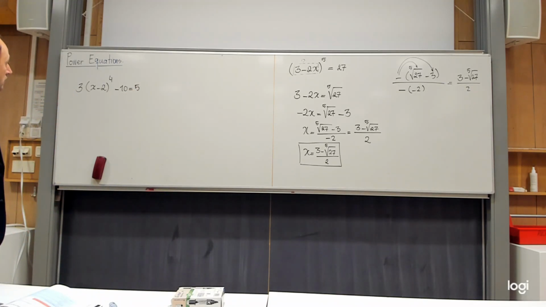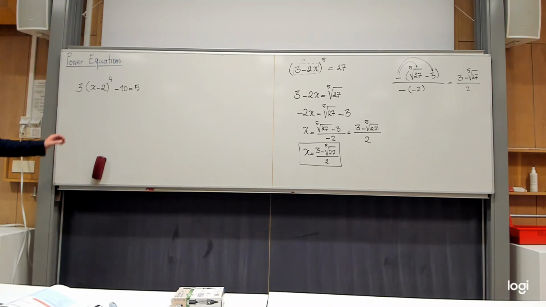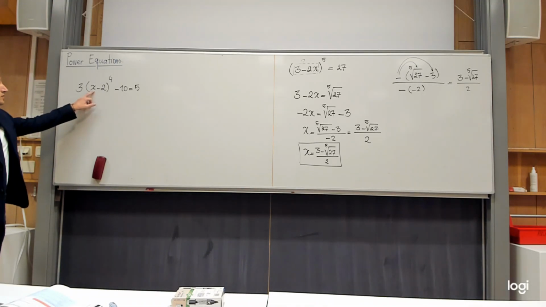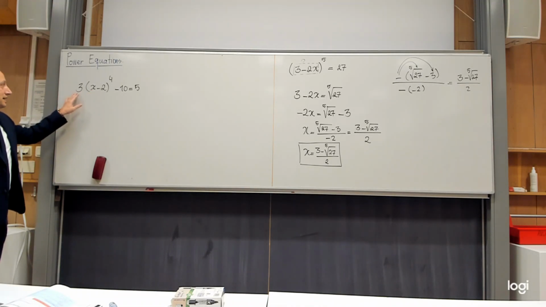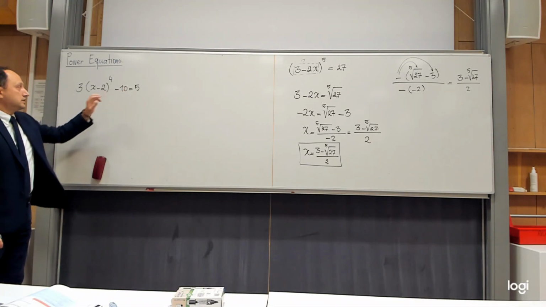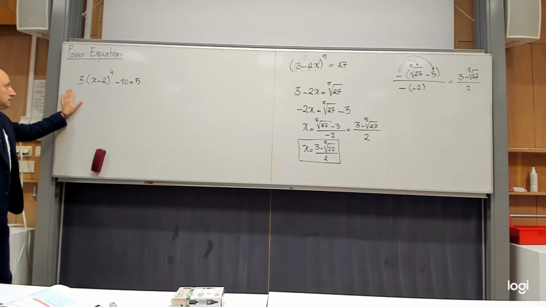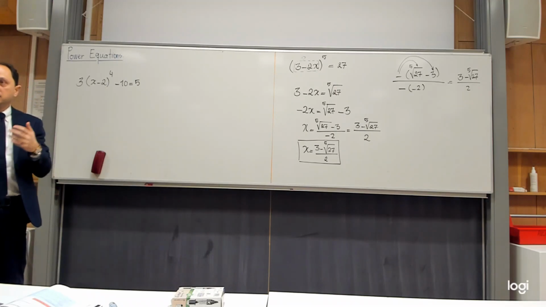So we want to solve this equation. It means that I am looking for all possible values of x that satisfy this equality. Okay, can you tell me what to do? What is the first step?